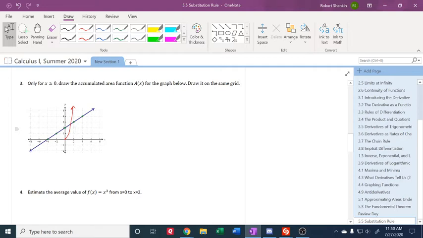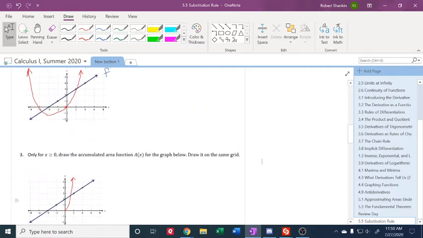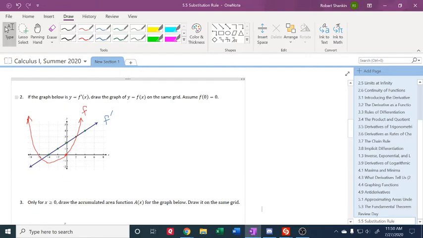Alright, so I had my accumulated area function here. What do you notice about this accumulated area function? Does this look familiar? Let's look back to the right hand side over here. It is the same as if you had the derivative and you needed to graph the antiderivative.